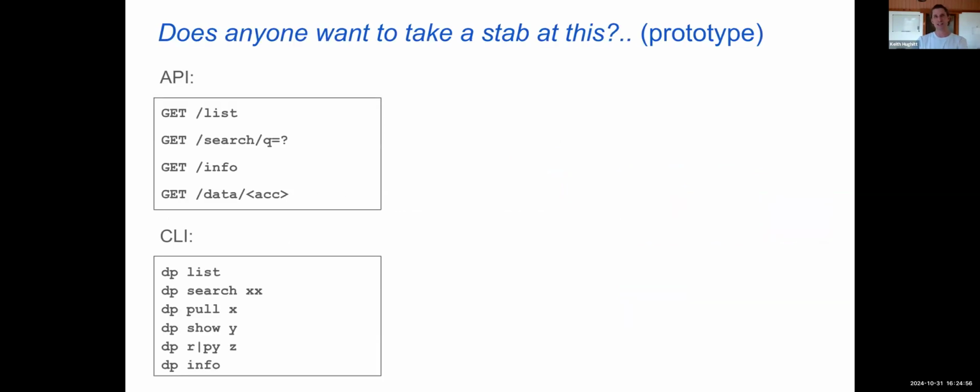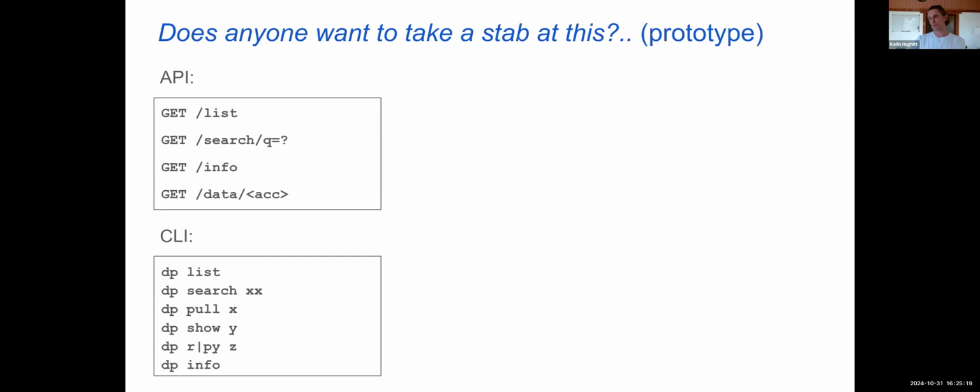And then the last thing is basically just to ask if anyone wants to take a stab at this thing that we've talked about before, which is to create a community repository, an open source server where people can host data packages, and then it would provide some API to query and serve them.